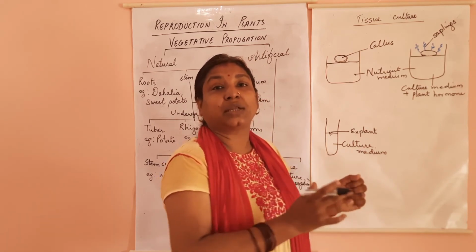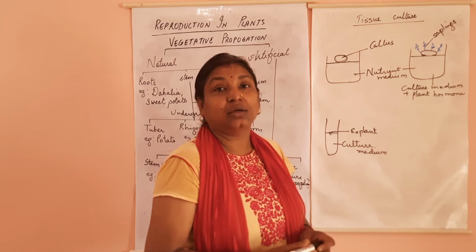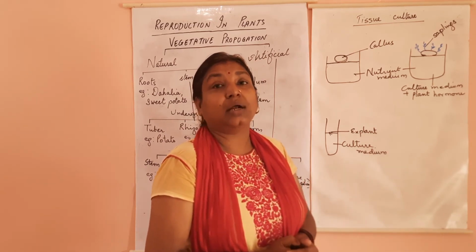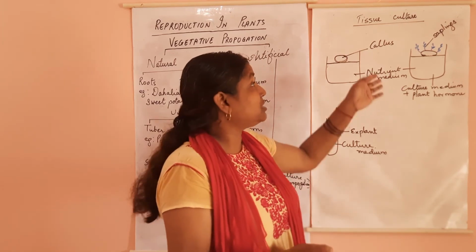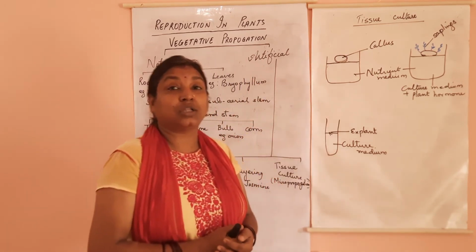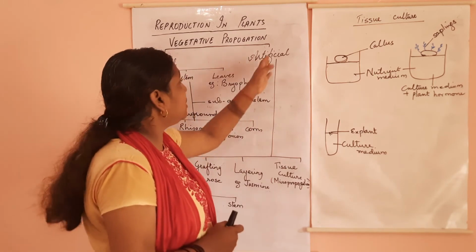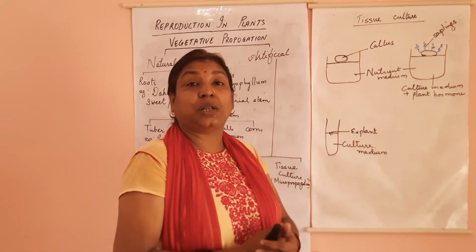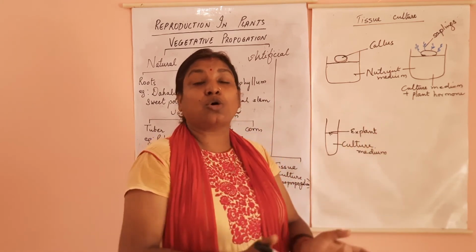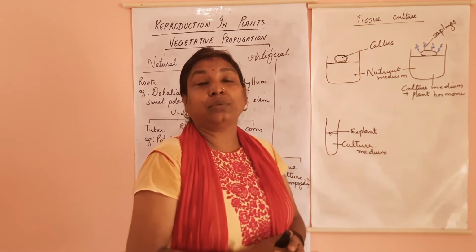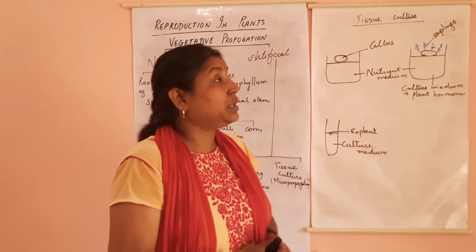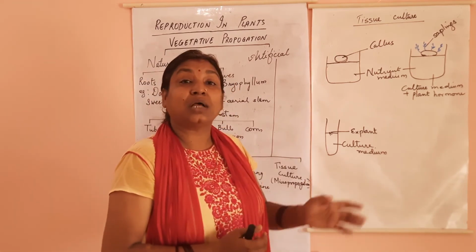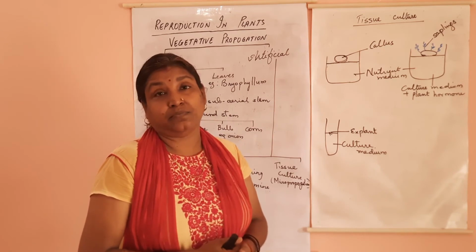So these saplings are then grown in a pot filled with soil. Now these plants can grow independently and in nature. But there are two big disadvantages of tissue culture, or you can say the artificial methods, because number of such plants grow in small area. So overcrowding may take place. Another big problem is that these plants are genetically identical.